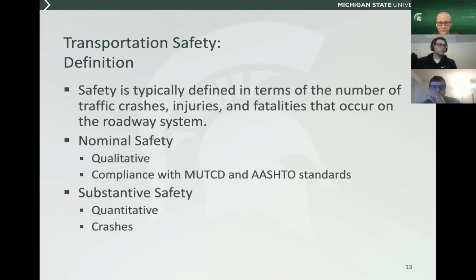And so by introducing some statistical methods and some of the more quantitative focus here, we're able to make decisions that are a bit more proactive. So hopefully we would be able to see better performance system-wide in how we determine where those safety improvement programs and projects are most needed.